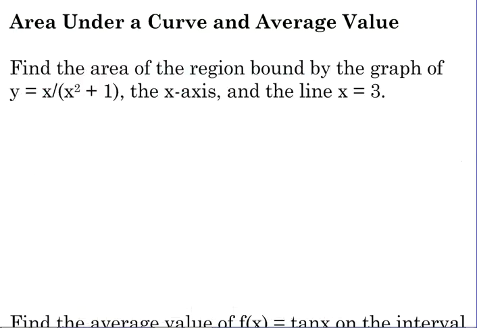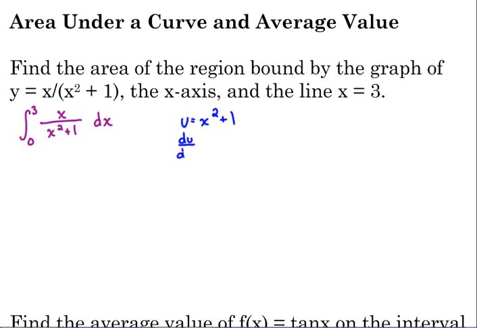So finding area under the curve is the integral. Like I said, this interval starts at 0 and ends at 3 of our function, x over x squared plus 1, integrated with respect to x. This is a U substitution problem. So our u is our denominator, x squared plus 1.